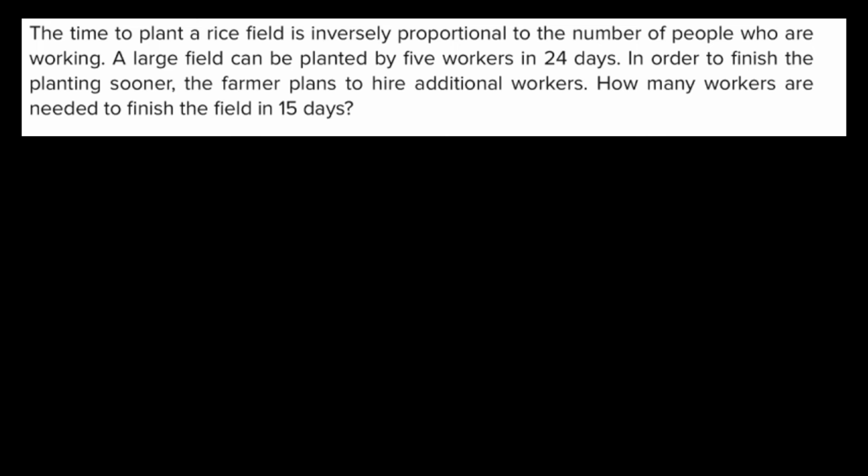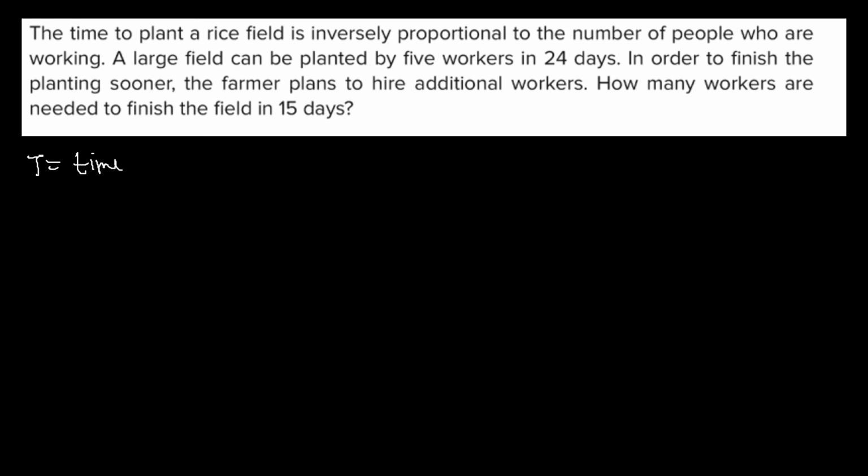Okay, so let's understand the problem clearly. We don't have any given letters or variables, so we need to provide them. From the problem, the time to plant a rice field. Okay, we have the time, so let's put t as the time.